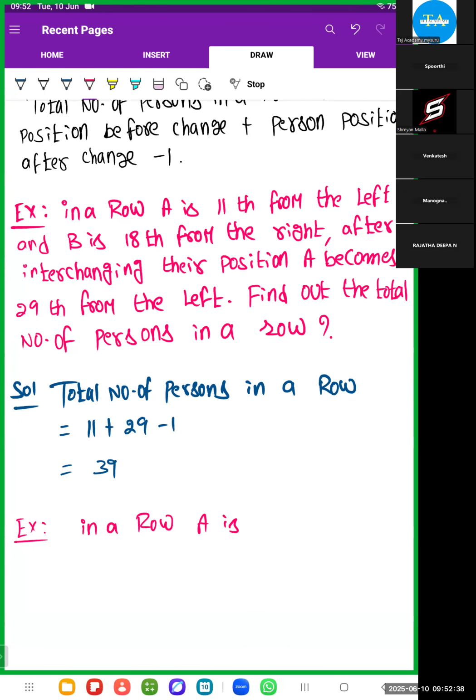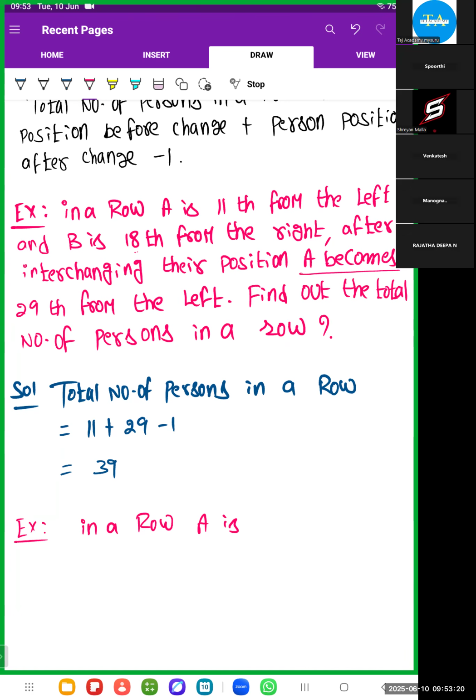After interchanging their positions, here it is mentioned that A becomes, so you can only consider the changed position. We should not consider B here, because only A's position changed.